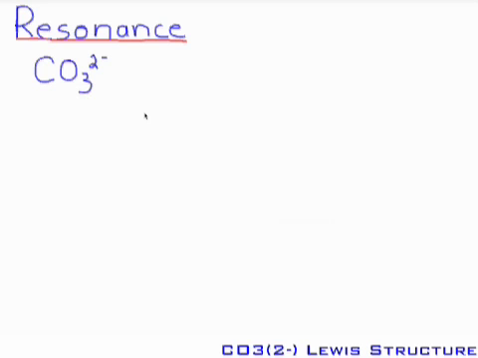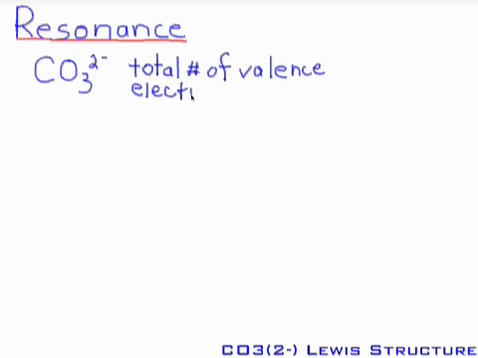Now, in order to do the Lewis structure of carbonate, we need to calculate the total number of valence electrons. And the total number of valence electrons equals 4 for carbon.